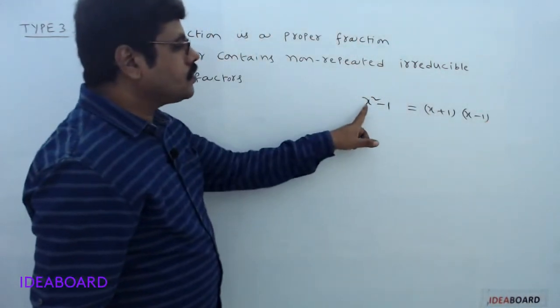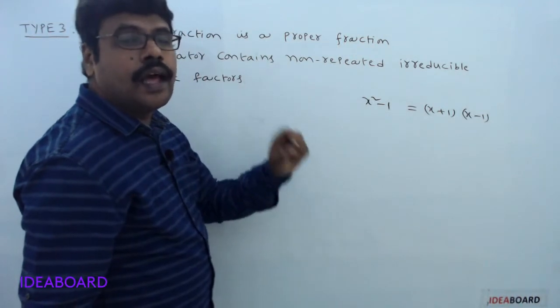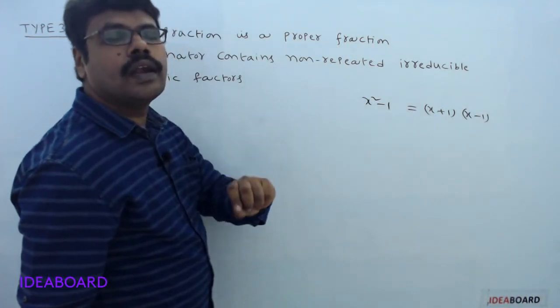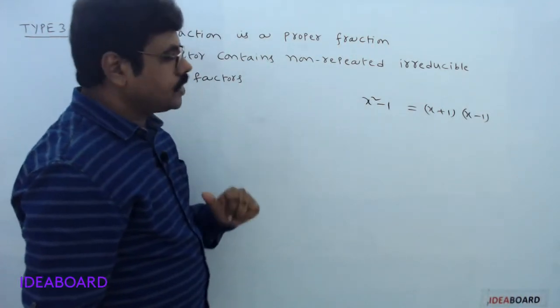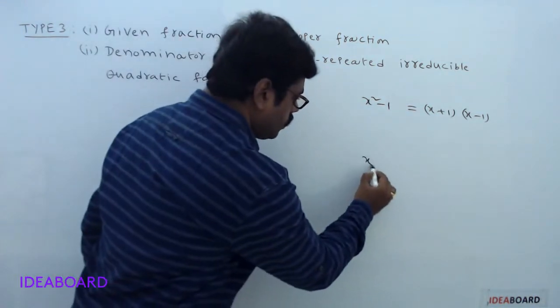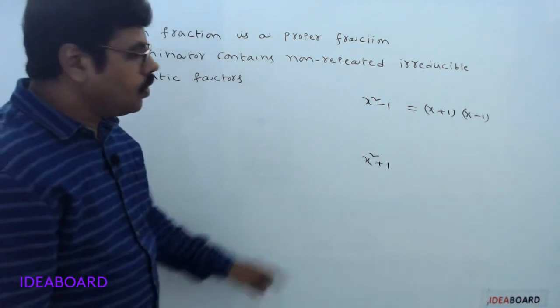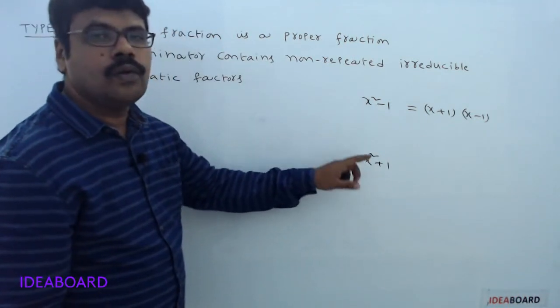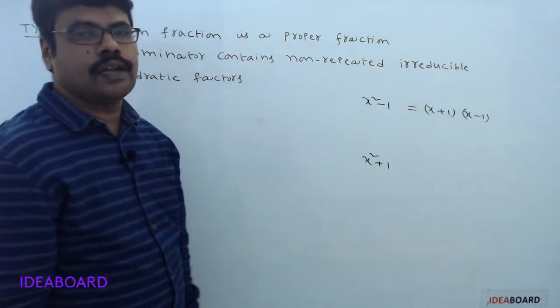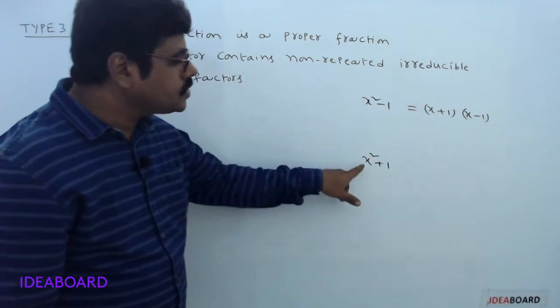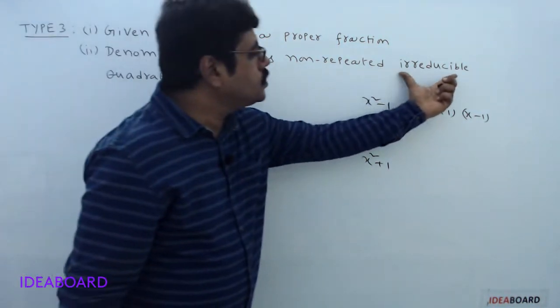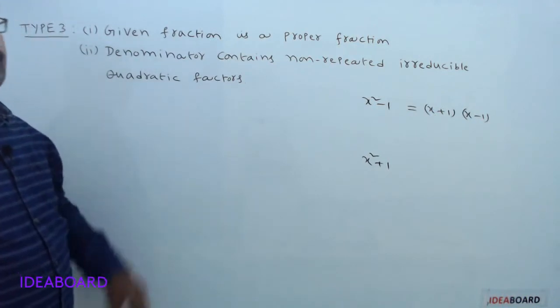So x square minus 1 is called a reducible quadratic factor. Take another example, x square plus 1. Here we cannot reduce it into a product of linear factors, so it is called an irreducible quadratic factor.